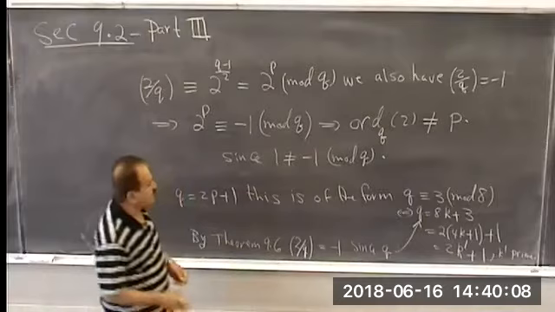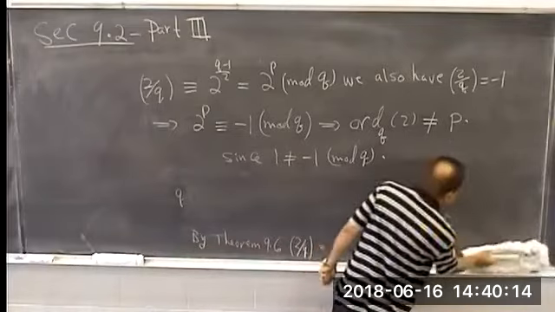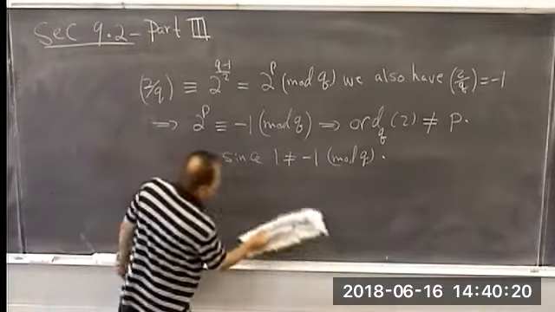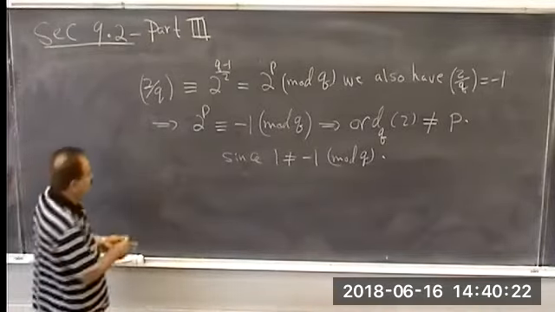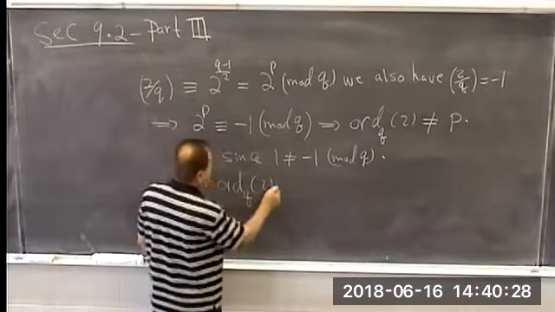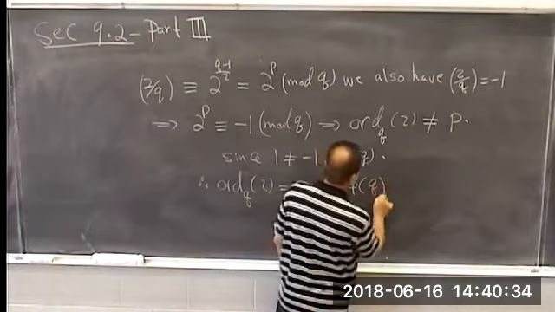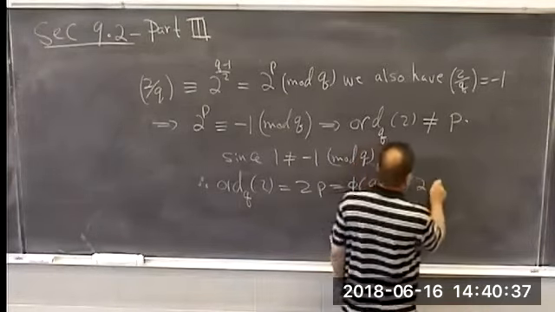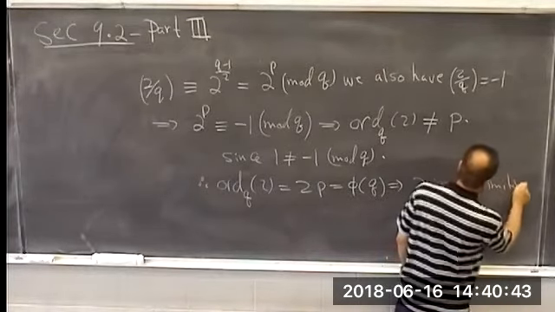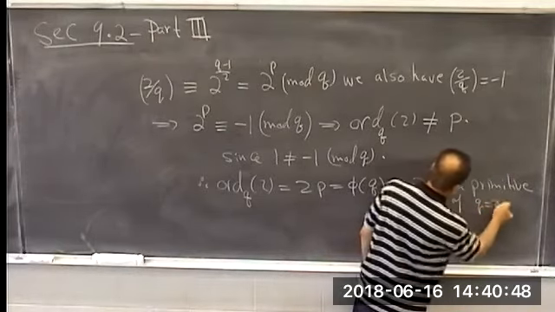So we are left with only one possibility for the order of 2, and that is the maximum allowed order. So therefore, the order of 2 mod q is equal to p, and this is phi of q, and this means that 2 is a primitive root of q, which is 2p plus 1.